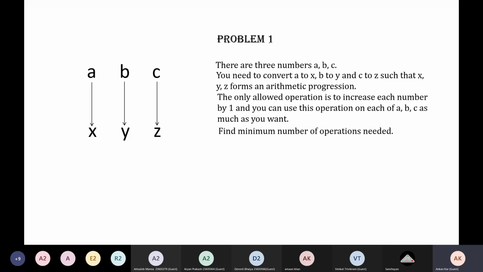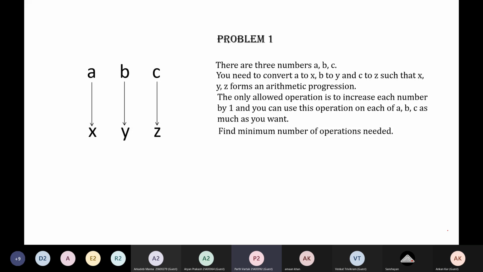I think we will have to increase only two of the three, A, B, C, because if we increase all three, then the difference again becomes the same.